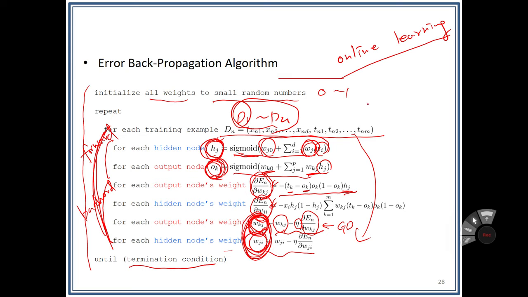Another way to train a neural network is something called batch learning.